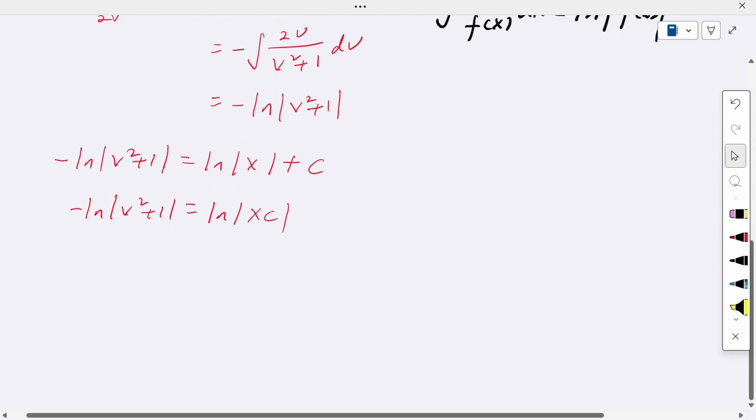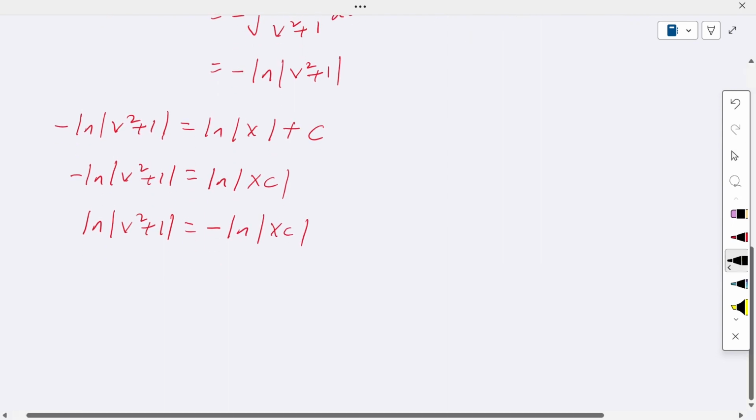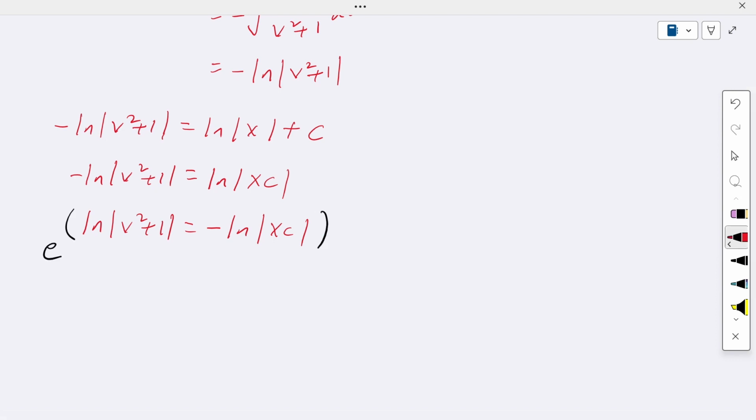Now we can shift the negative to the right side, so we have ln(v squared plus 1) equal to minus ln xc. What we need to do is take the exponential to get rid of the ln functions. So here we have v squared plus 1, and the exponential of minus ln xc becomes 1 over xc.